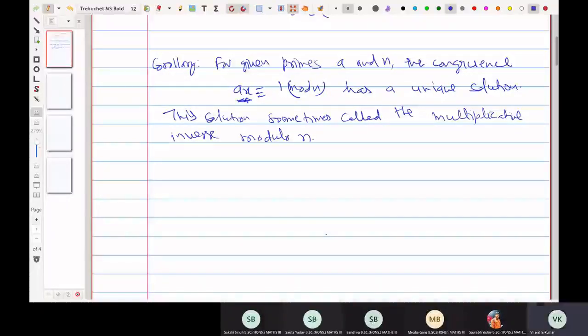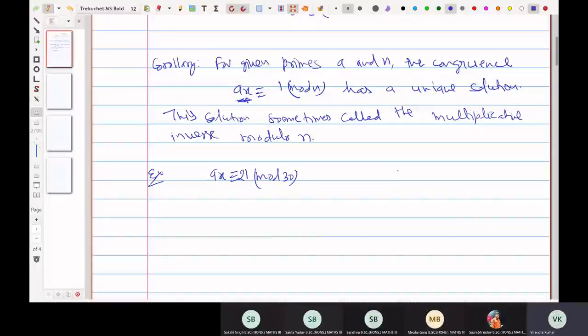Some examples we took yesterday. Let us take one more example, and then we can move towards the Chinese remainder theorem. Suppose we are given to solve 9x congruent to 21 modulo 30. You know that in general the cancellation law doesn't hold in congruence, but under certain conditions you can cancel.